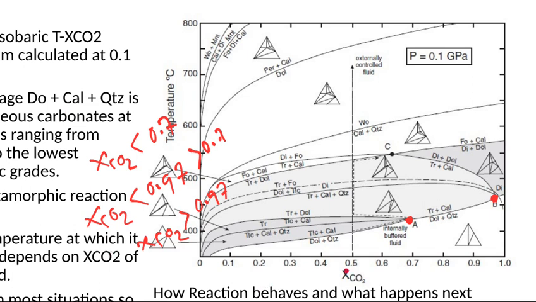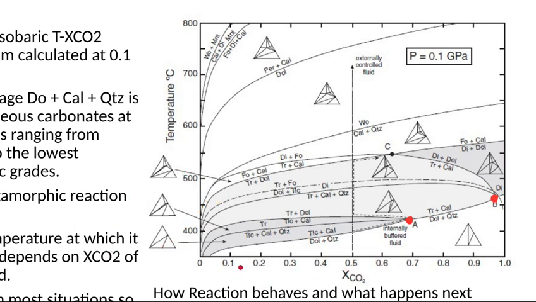देखो क्या होता है यहाँ, ये जो this region is XCO2 0.7. Okay, before this region there will be a sequence of reactions. This is the temperature, this is the increasing temperature.